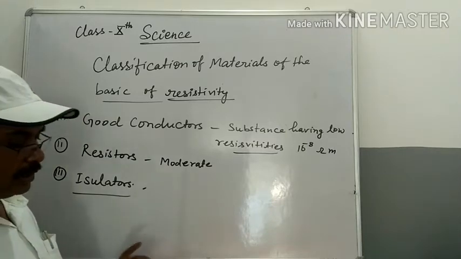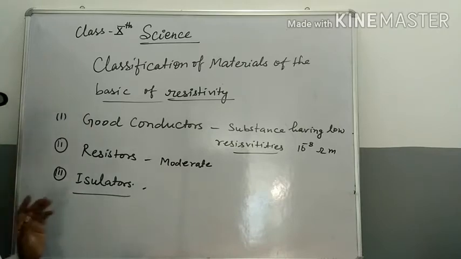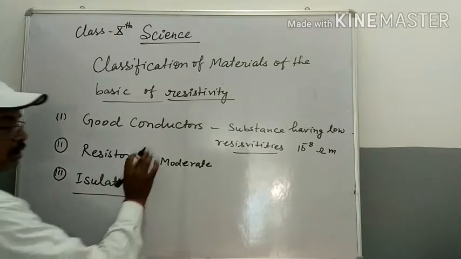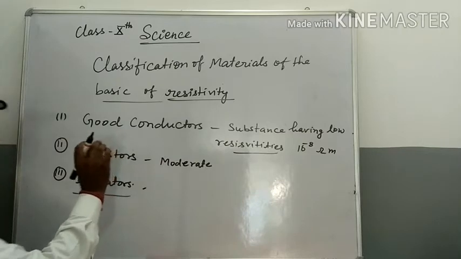Using this property, students, metals like nichrome are used in most appliances like electric iron, heater, geyser, etc., as they do not easily oxidize at high temperature and the change in resistivity with temperature is low.